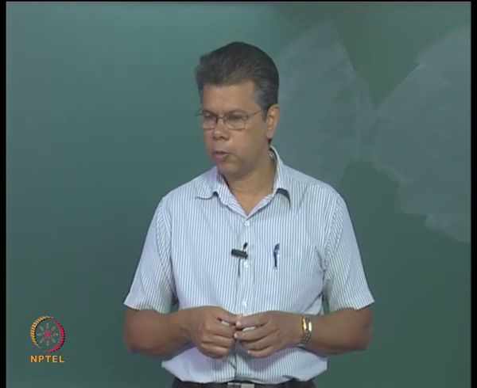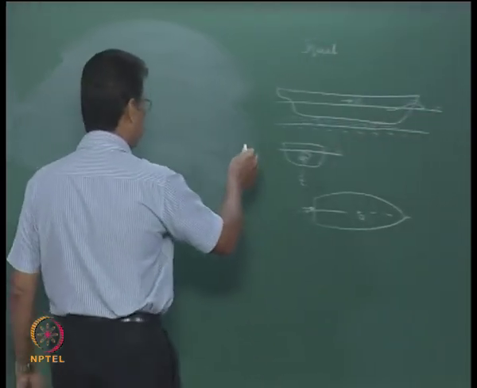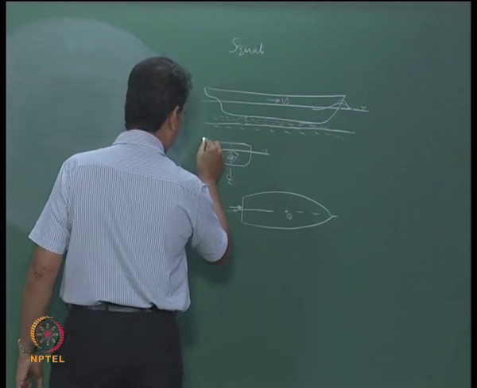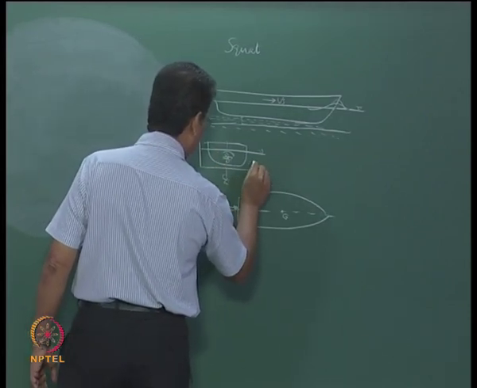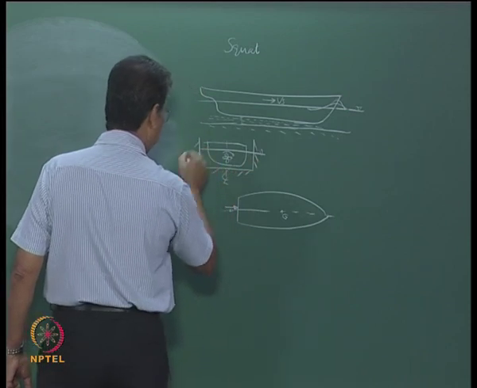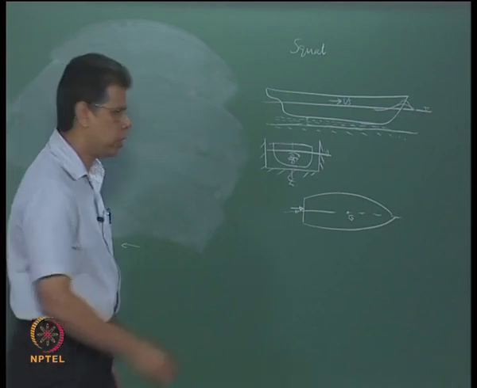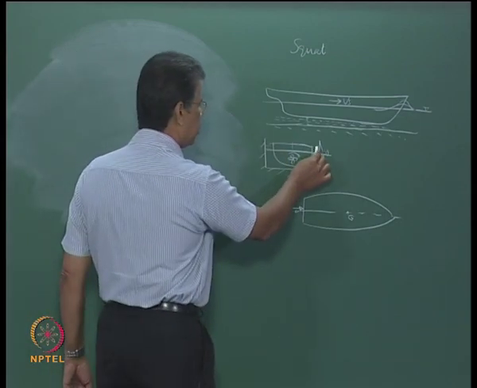Then in addition to that, if there is a transverse restriction, suppose you consider the ship here, you are putting a boundary at the bottom and also at the side. Now the ship is moving through a canal. So you have restriction here and here.